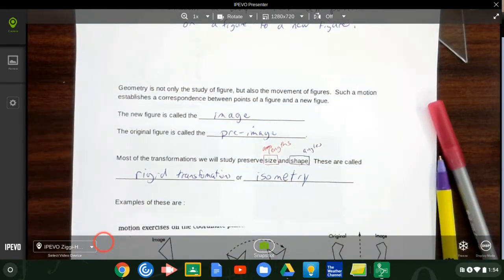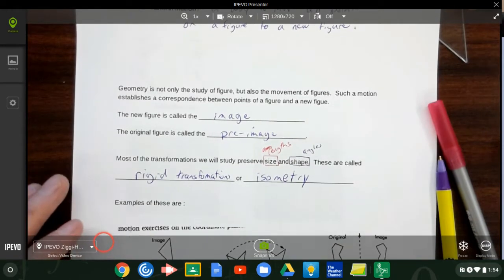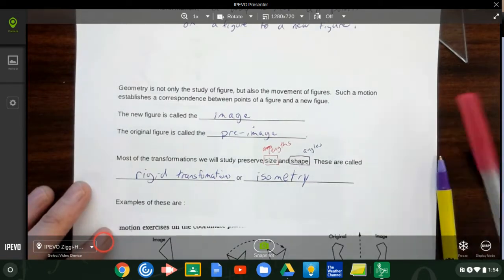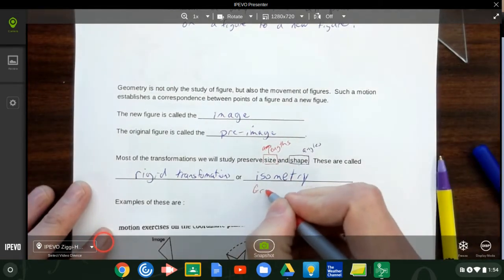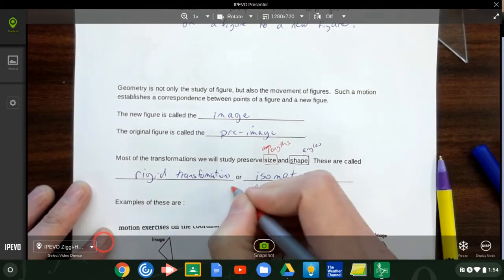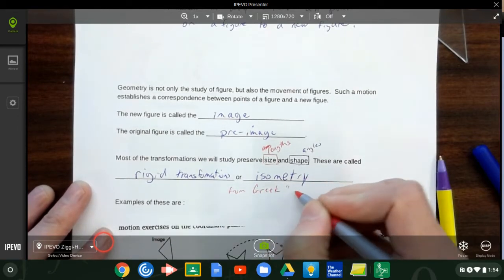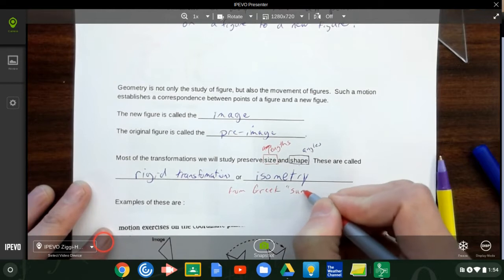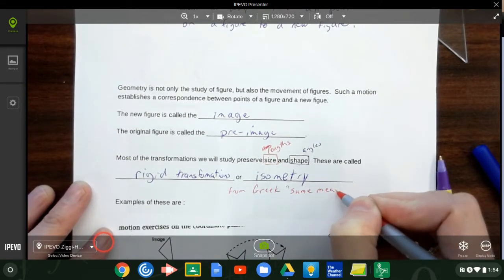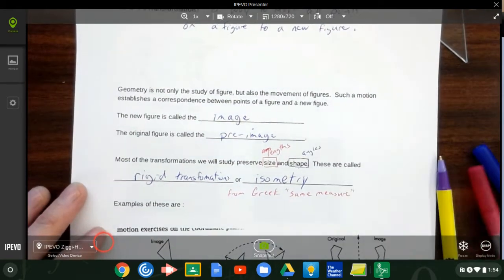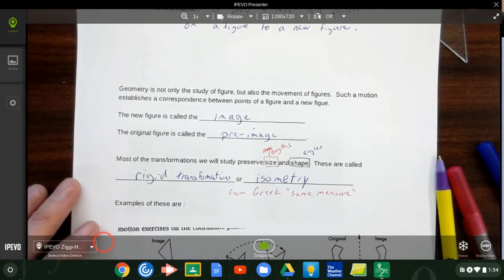Isometry. Okay, and the term isometry comes from the Greek of same measure. So I'm going to actually put that in here. Nice little trivia. So it's just from Greek, meaning same measure. Okay, so that's where the term isometry comes from.